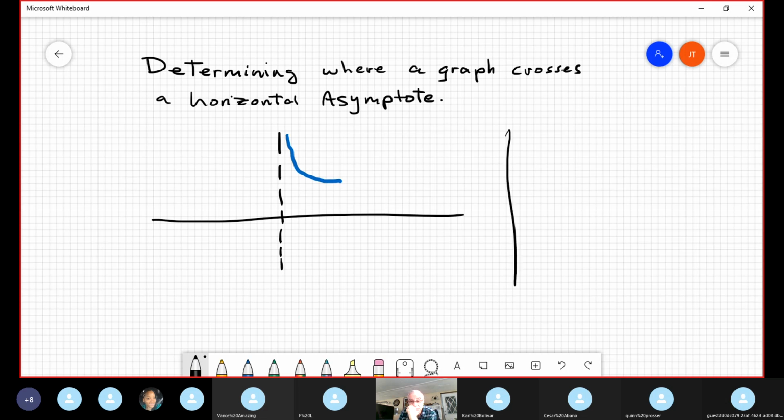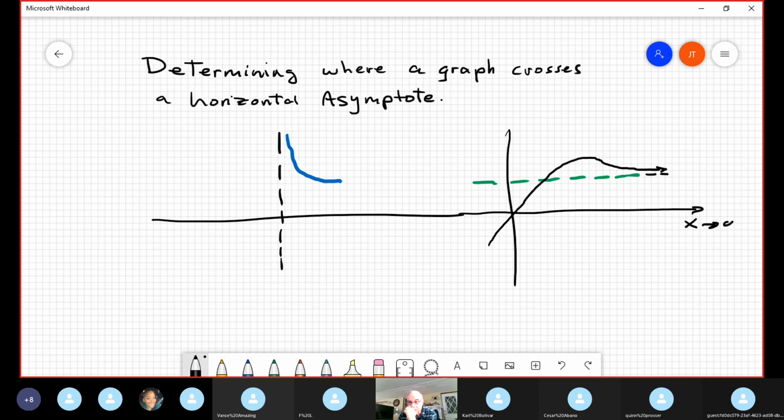Okay, suppose another example here. This is the horizontal asymptote. Then our graph, suppose it is black, maybe looks like that. It approaches now, but never touches, as x approaches infinity.